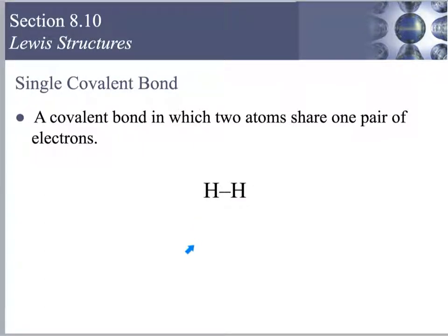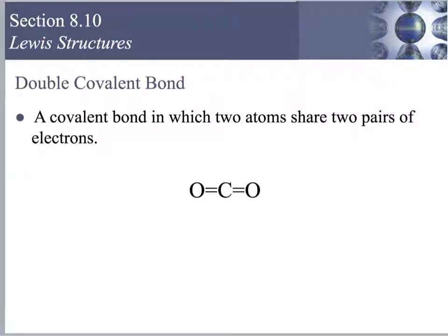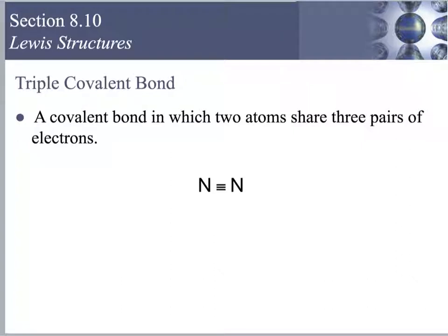You may recall that the line represents a pair of electrons, so that's considered a bond, and a bond is a pair. We can also have double bonds, so this would be 4 electrons, or the way we usually describe it is 2 pairs of electrons. So 2 pairs of electrons, that's a double bond. And we can also have a triple bond, which is 3 pairs of electrons.